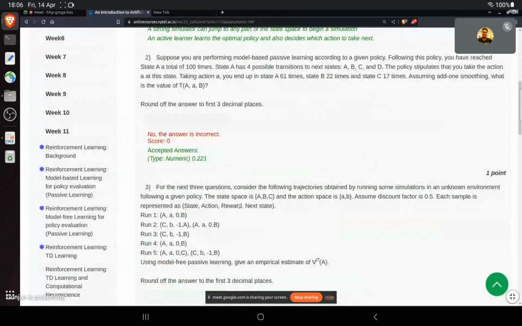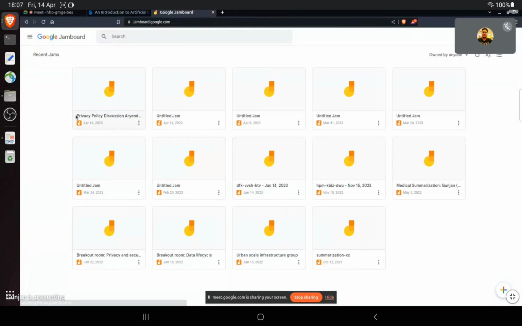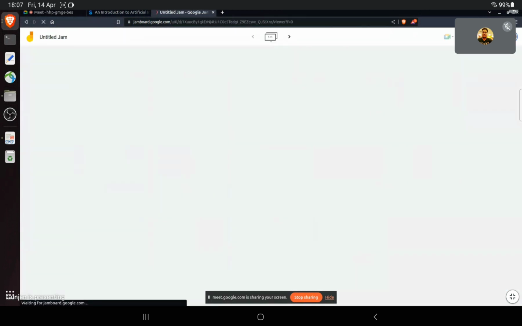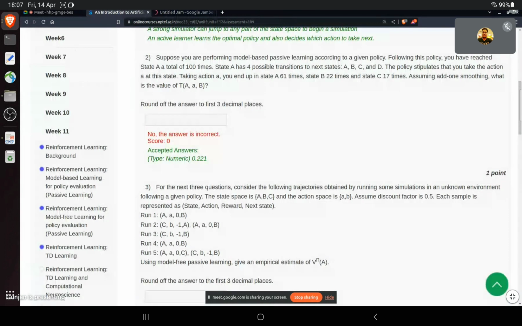Now coming to the second question. So we'll just copy this into Jamboard. Suppose you are performing model-based passive learning according to a given policy.